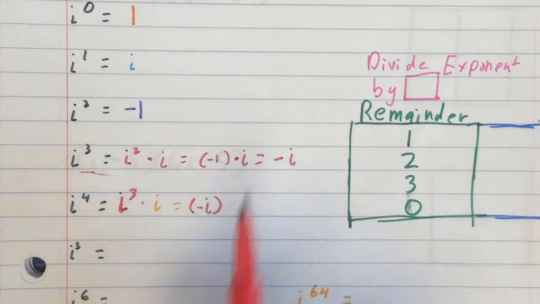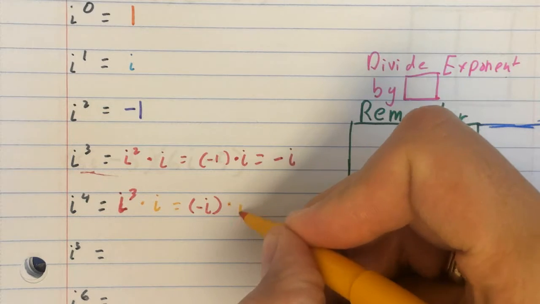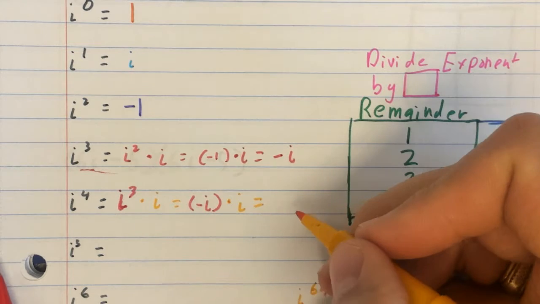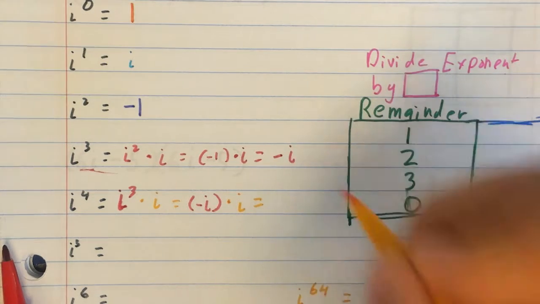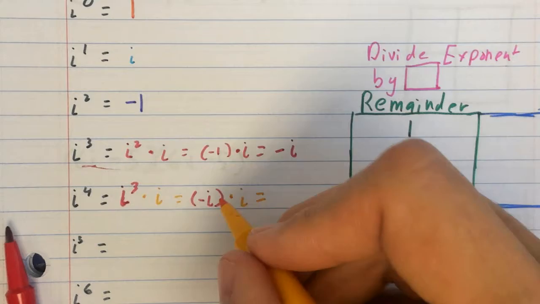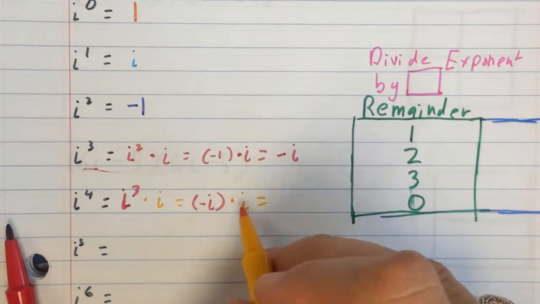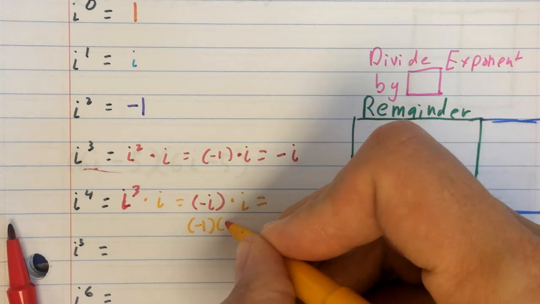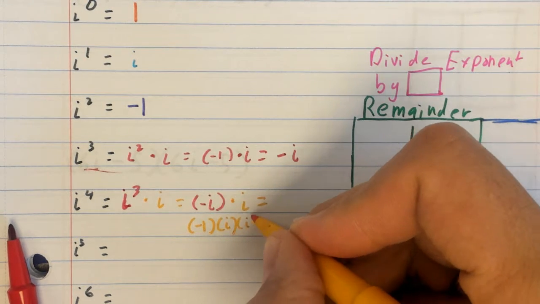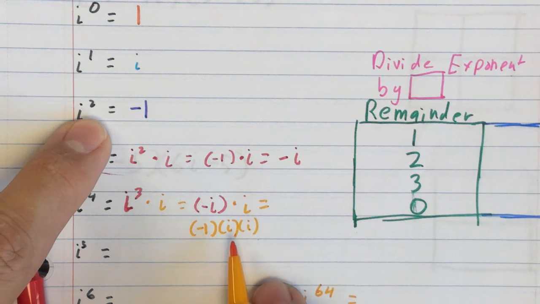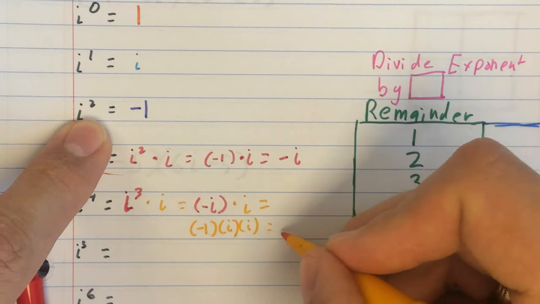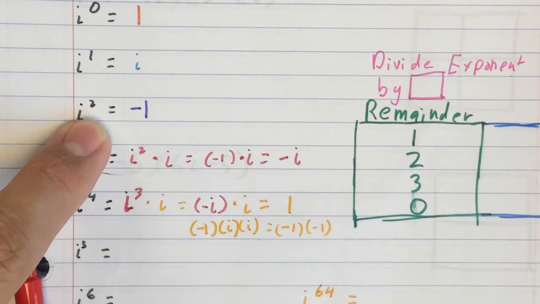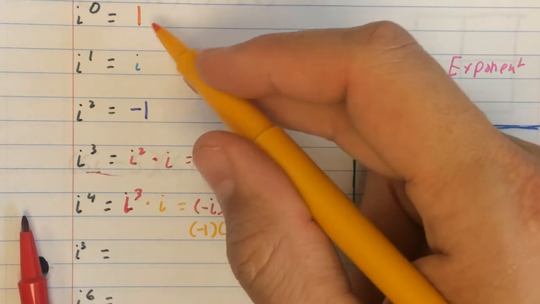That's what we got on the one before, and we're going to multiply that by I. This is going to equal 1. The way we get 1 from this is I can factor out this -1. So this is the same as -1 times I, and I know from I squared that I is -1, so I end up with -1 times -1. So we end up with 1. We've already gotten 1 up here.